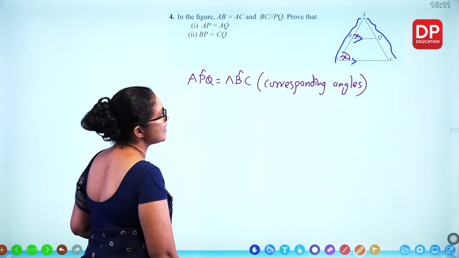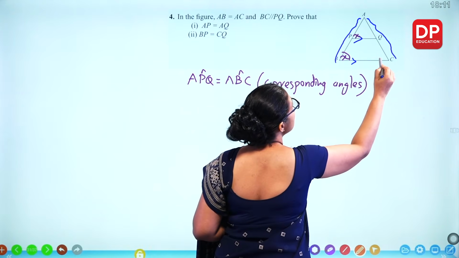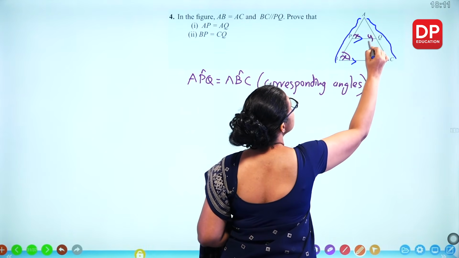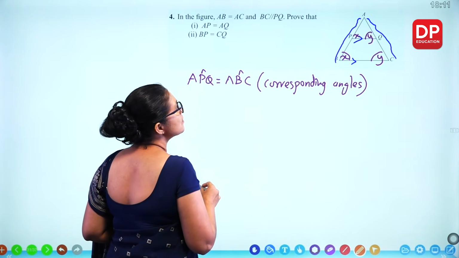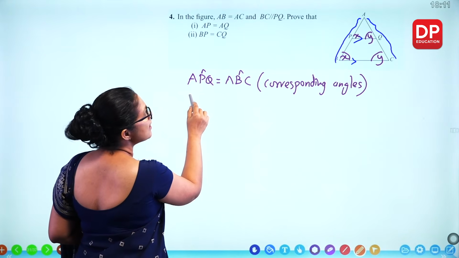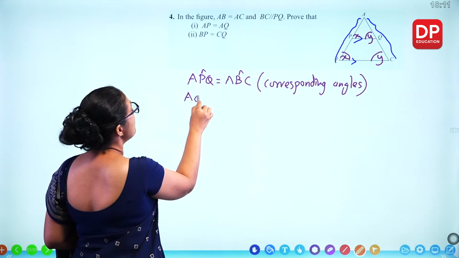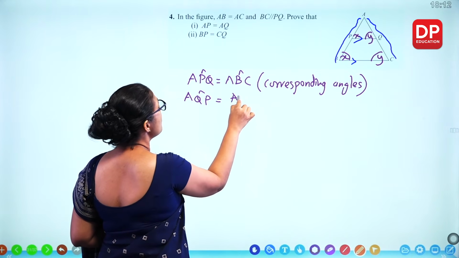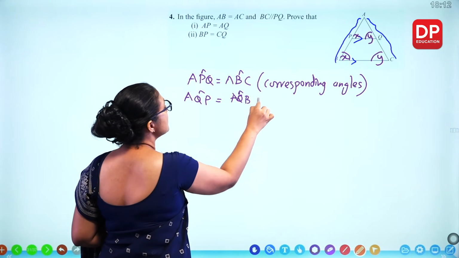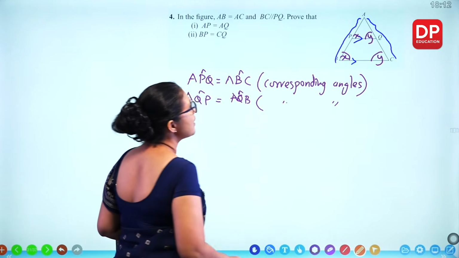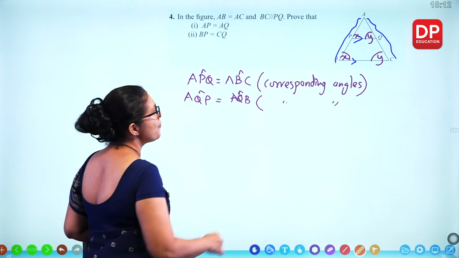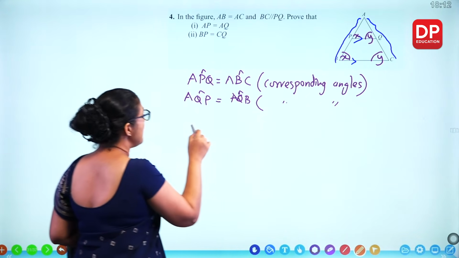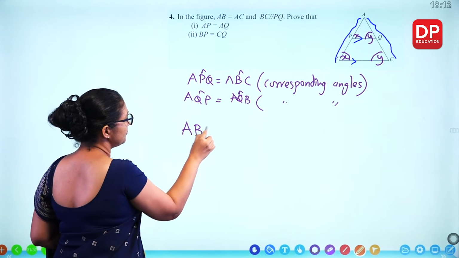What else can we say? We can write this angle is the same as this angle. So here we can write angle AQP is the same as angle AQB. That's also corresponding.